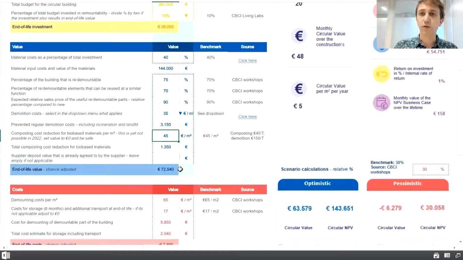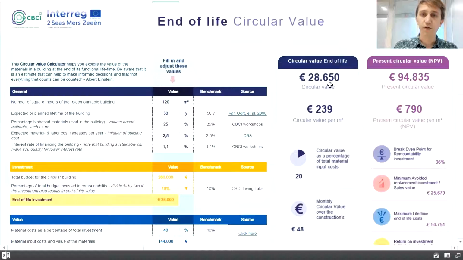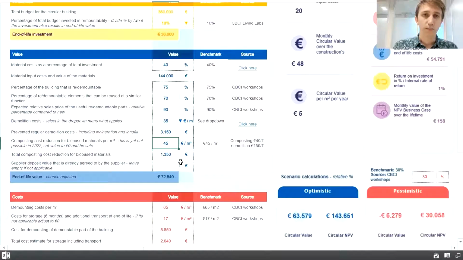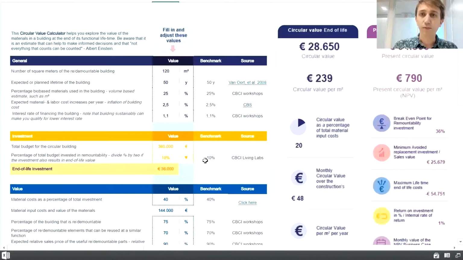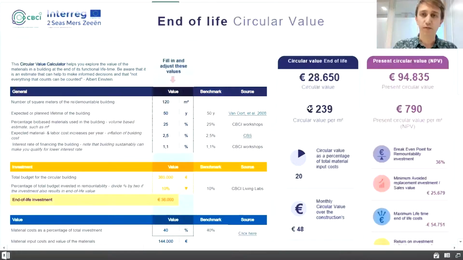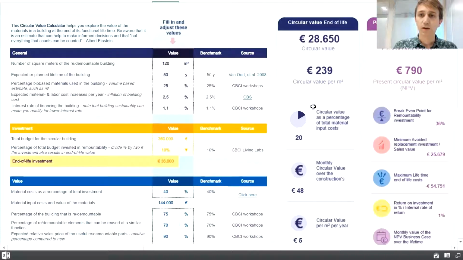So if we look at the final results, then the end of life value, which is minus the investment minus the cost plus the end of life value, you get to a value of around 30,000 euros. And that's a circular value of 239 euros per square meter.